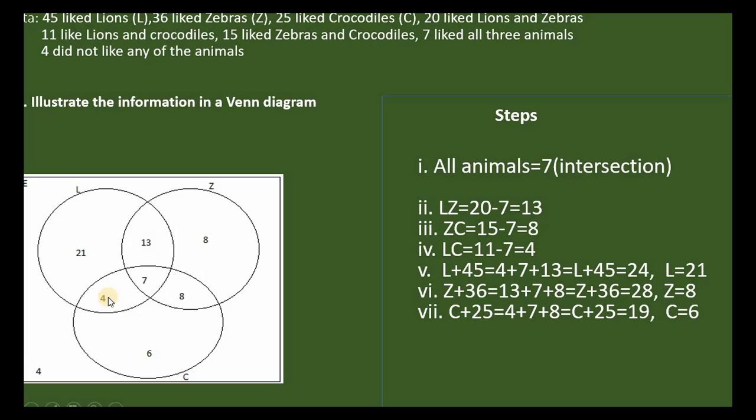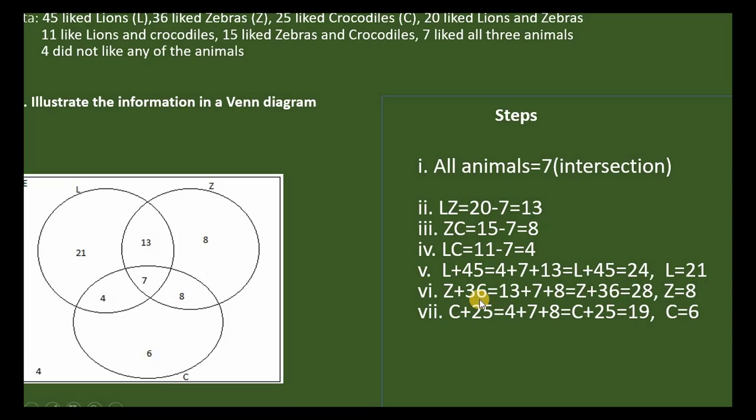Also, for those who watched lions and crocodiles only, we subtract 11 minus 7. What remains is 4. So this is the information that we indicate here. And then we proceed to those who watched lions only. So we get 21. That's the one we indicate because they watched lions only.